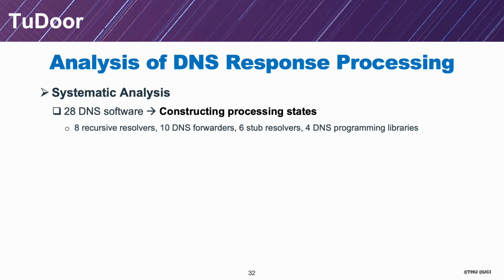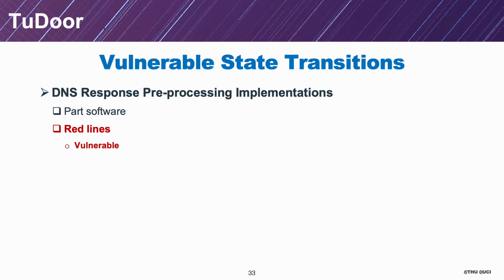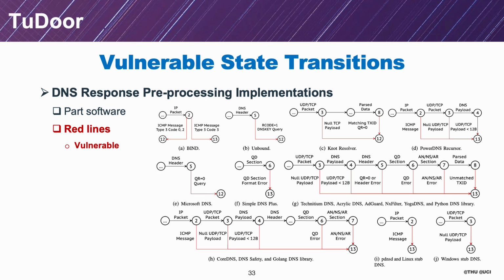To find the vulnerabilities, we conduct a comprehensive analysis of the DNS response processing logic, and we construct the processing state logic for 28 DNS software and conclude the general processing logic. And based on the basic logic, we found many implementations are vulnerable to special packet processing states. And we list several vulnerable state transitions here.